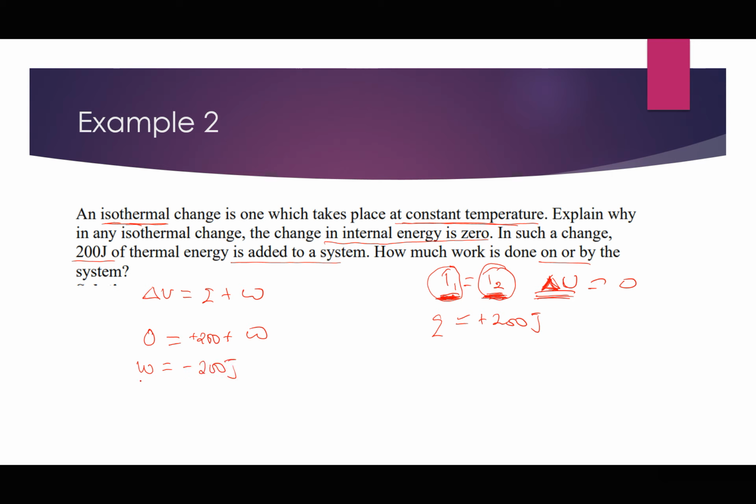Do we notice that W is negative? By the sign convention, negative W means work is done by the system. In other words, the system is expanding. The negative indicates work is done by the system.